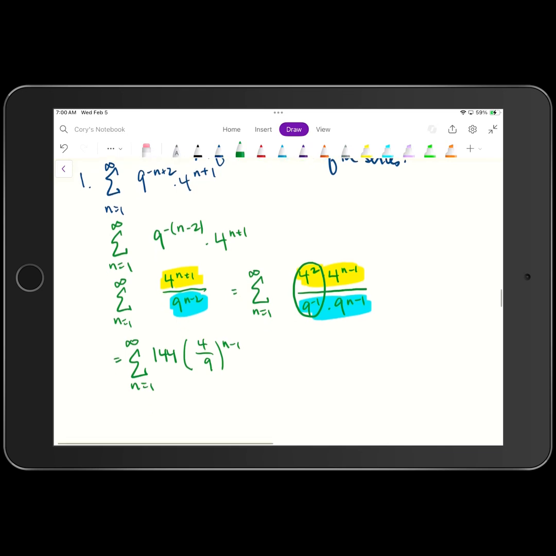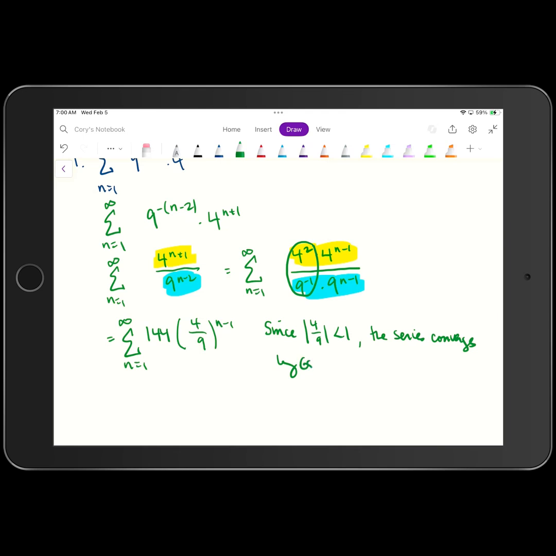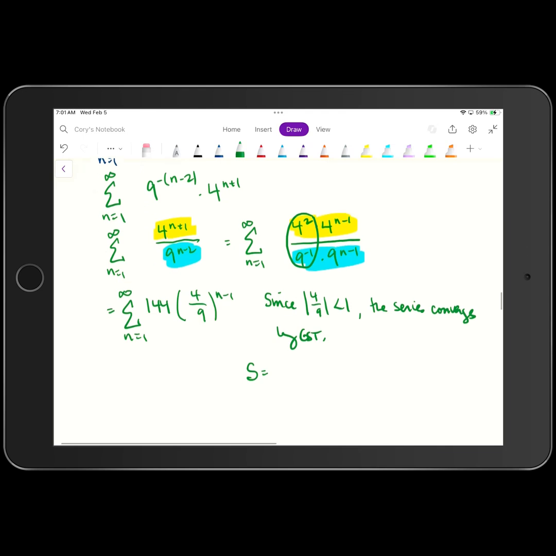Okay, so we have that geometric series written properly now, formatted properly. So since the absolute value of 4/9 is less than 1, the series converges by the geometric series test, and its sum S is equal to A, the first term of that series, over 1 minus r. So that's 144 over 1 minus 4/9, which becomes 144 divided by 5/9.